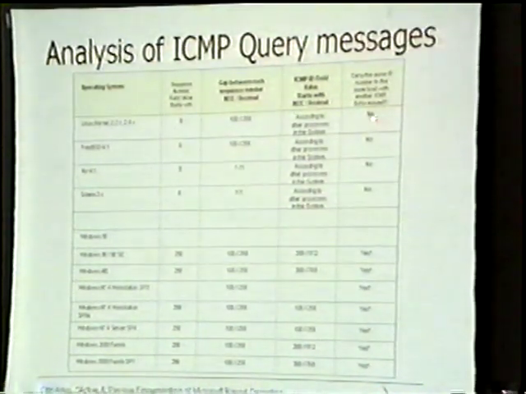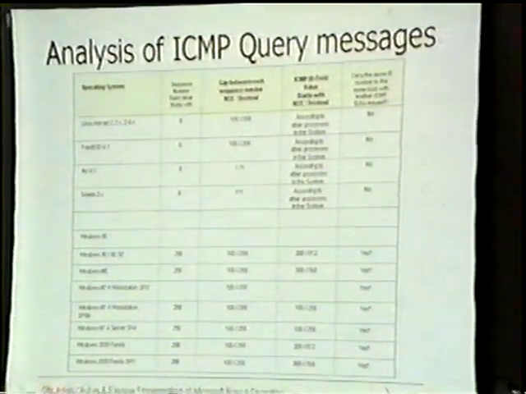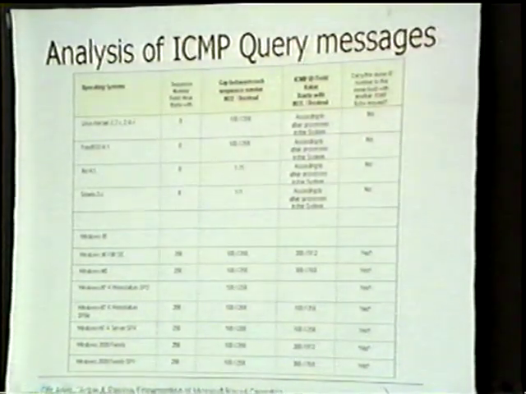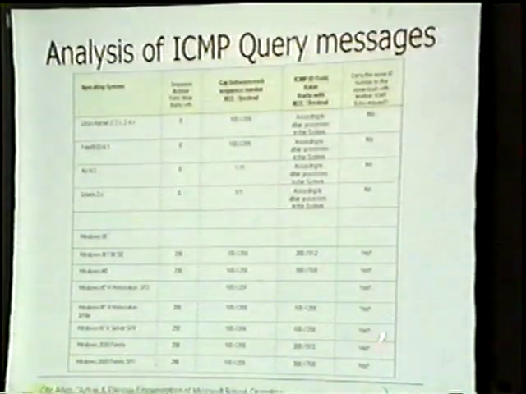We can also see that the ICMP ID will change when we are talking about Unix and Unix-like operating systems, and with Microsoft Windows, this value will be constant.